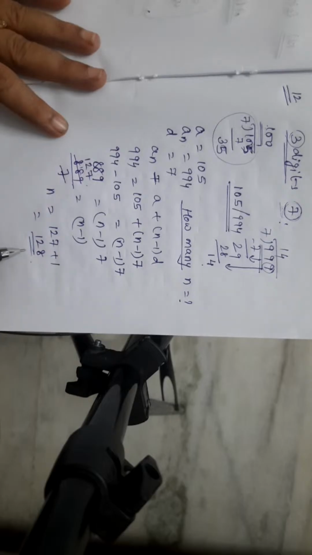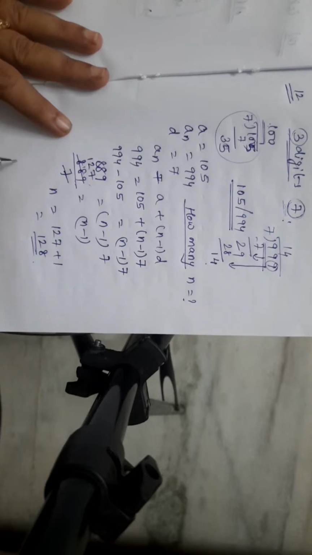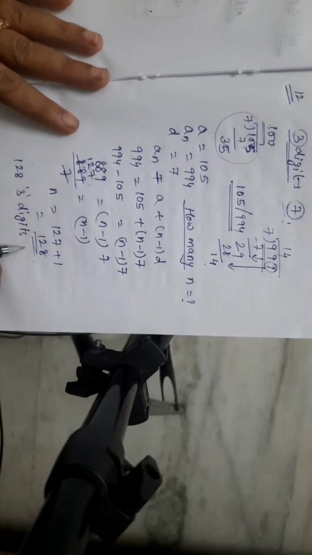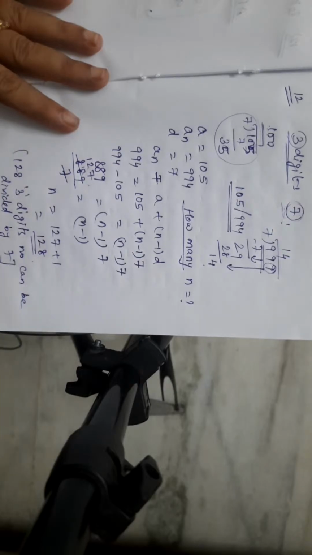So there are 128 3-digit numbers which can be divided by 7. So the final answer: 128 3-digit numbers can be divided by 7.